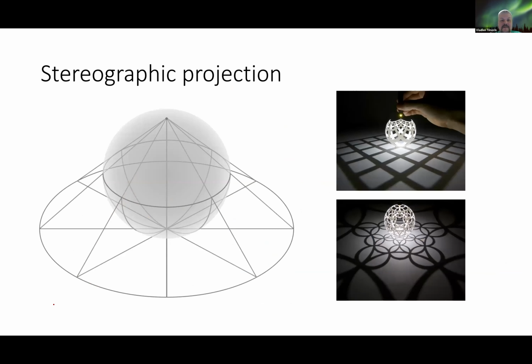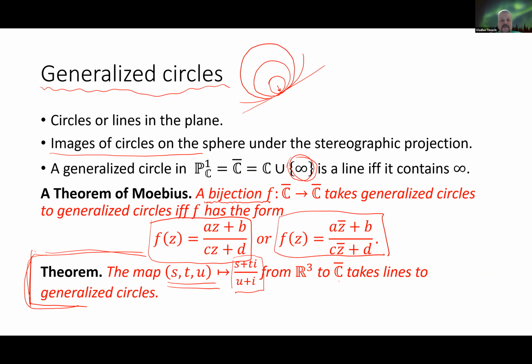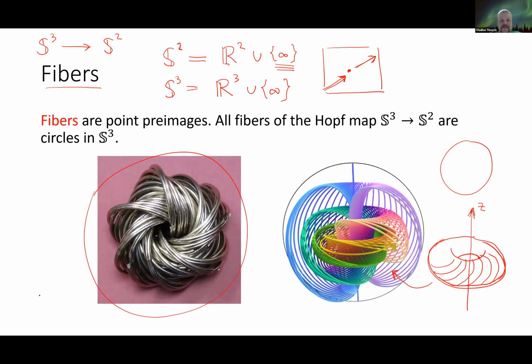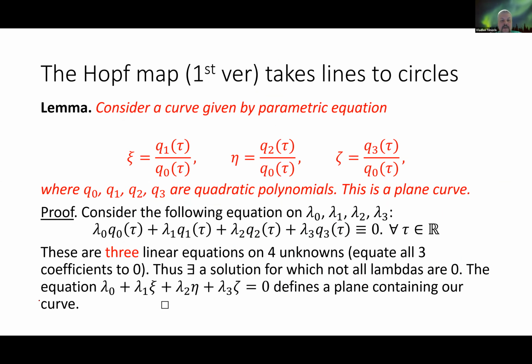and to give a rather conceptual proof using a little bit of linear algebra. So I will need a lemma, which says the following. Let's consider a curve given by the following parametric equations. Each of the three coordinates is represented as the ratio of two quadratic polynomials in one variable.